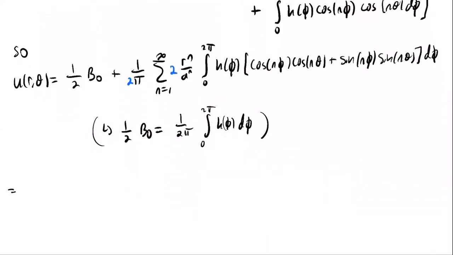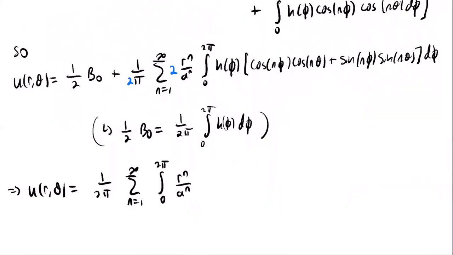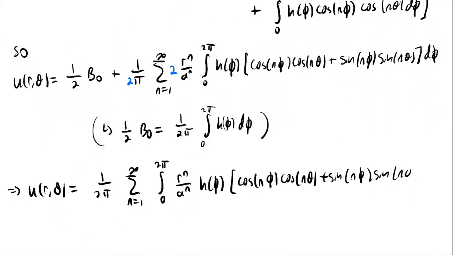And so we end up with, finally, u of r, theta, which I can write as 1 over 2 pi times the sum from n equals 1 to infinity of the integral from 0 to 2 pi of r to the n over a to the n times h of phi, and then times these terms: cosine of n phi cosine of n theta plus sine of n phi sine of n theta, all multiplied by 2.